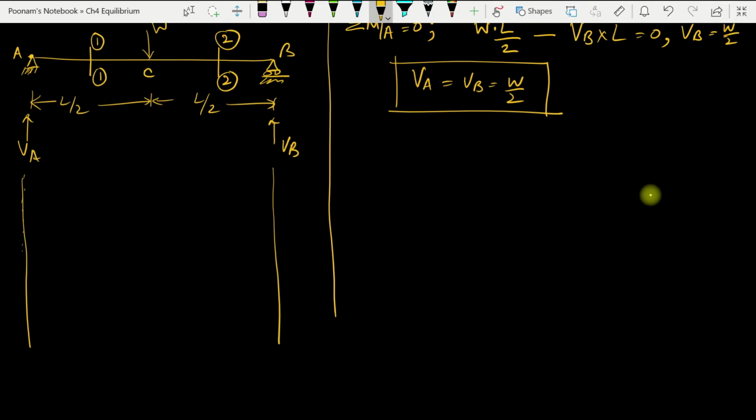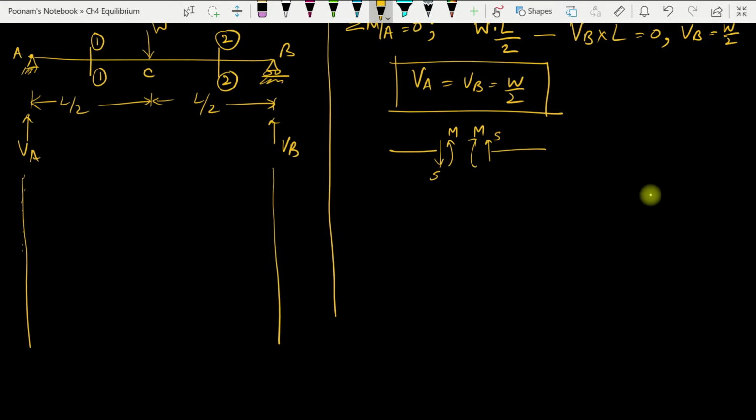So let us write down our positive sign conventions. If I cut the section of the beam, the positive sign conventions are like this. These are the ones we have discussed in the last class.